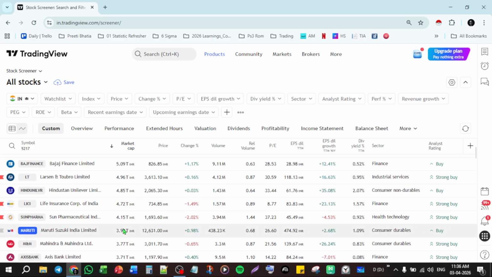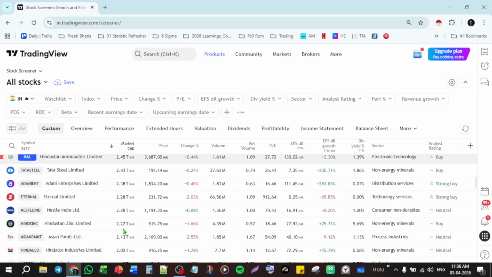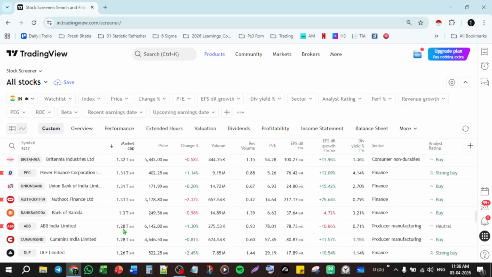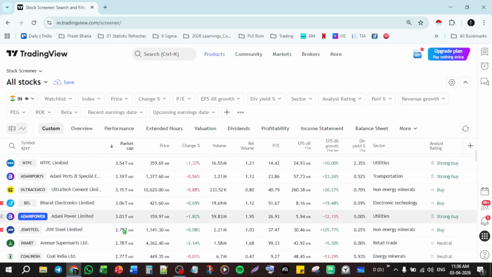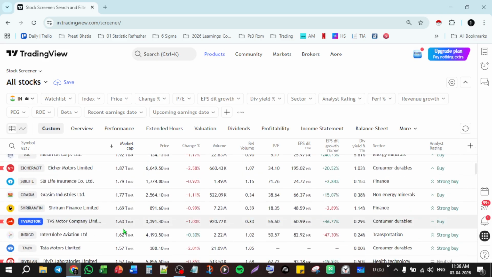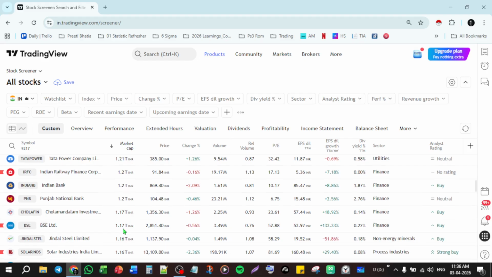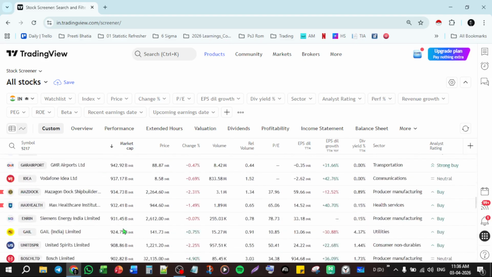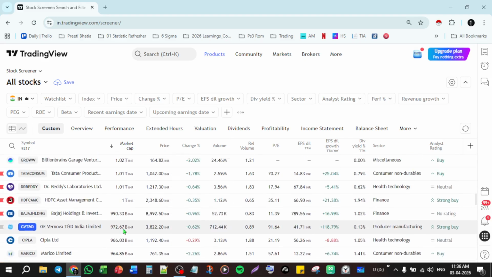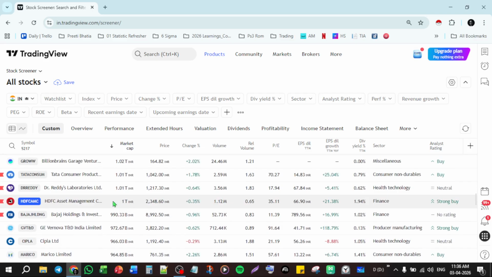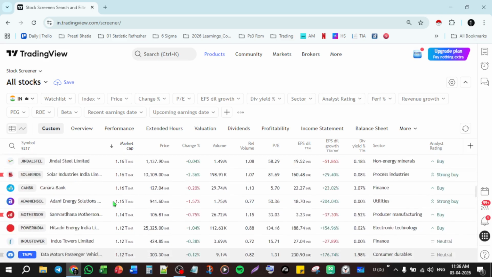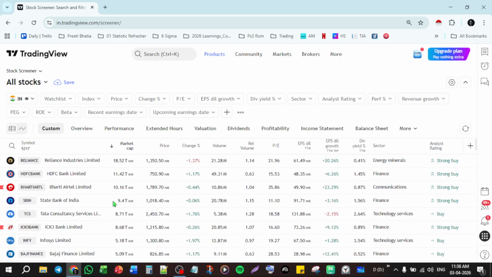If you decide that you want to deal with anything above 1 trillion, how many companies are there? Minimum 100 companies. This is a great opportunity. Why? Because they have a good market cap.